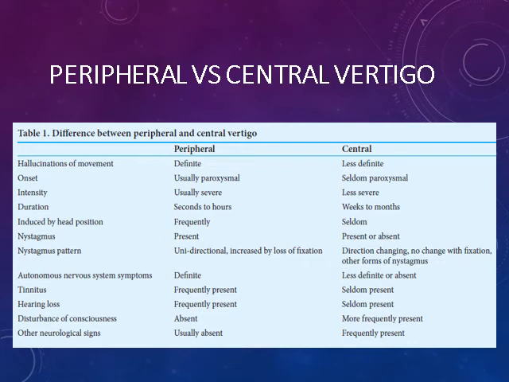The nystagmus pattern in peripheral vertigo is unidirectional, and it can be abolished by fixation, whereas in central vertigo the nystagmus is direction changing, meaning it can change its direction, and fixation does not affect it. By visual fixation I mean I ask the patient to fixate his vision on a target. This does not cause any change in central vertigo.